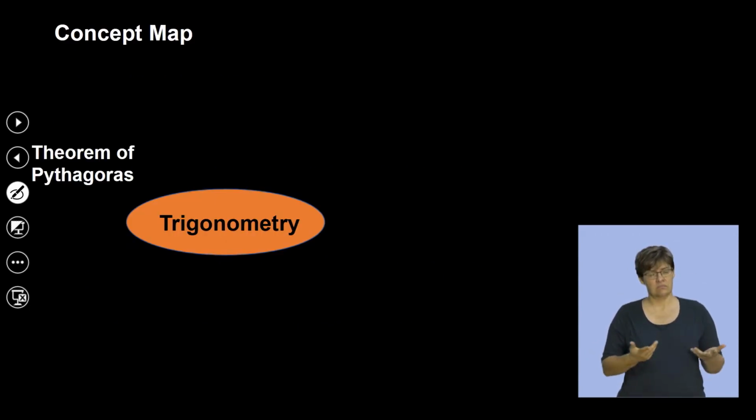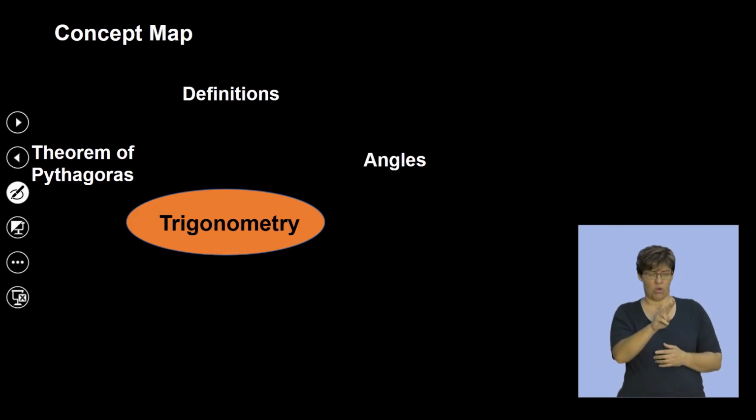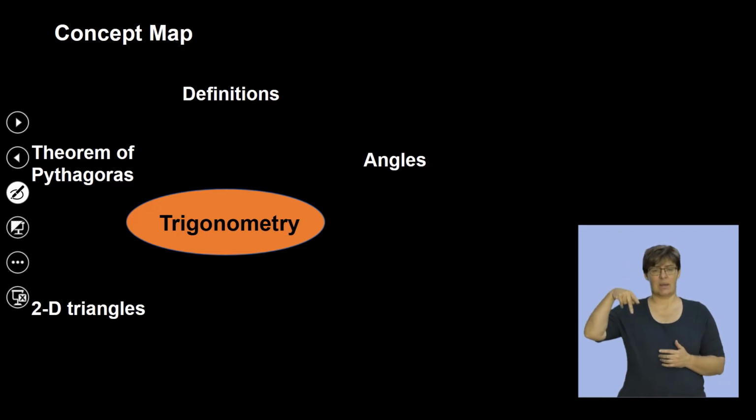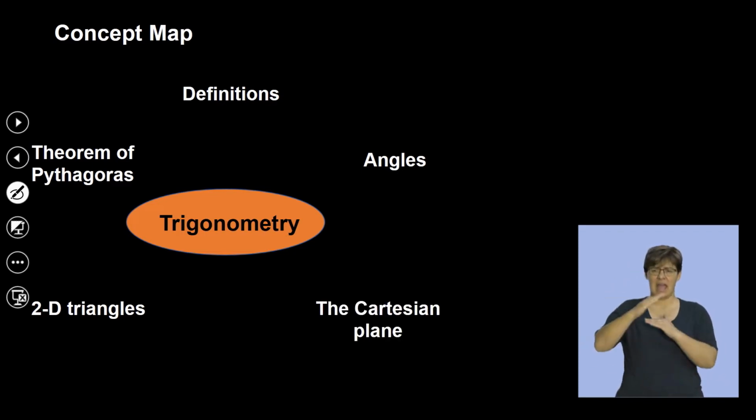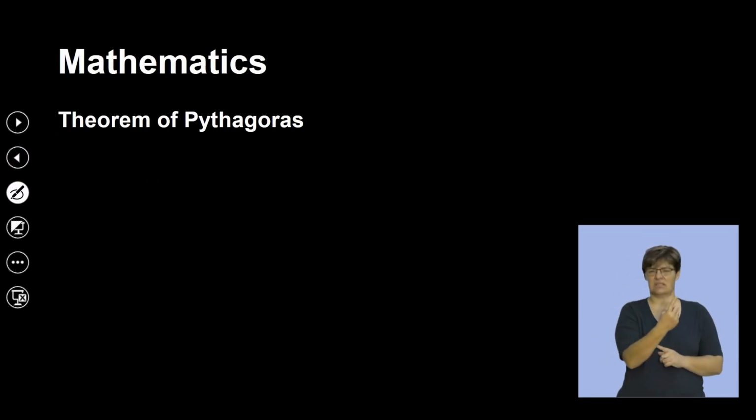Now, our concept map, which is always what we start with: we're going to look at the Theorem of Pythagoras, definitions, our angles, 2D triangles, and then the Cartesian plane, which is the big idea. For now, let's do a quick recap of the Theorem of Pythagoras.